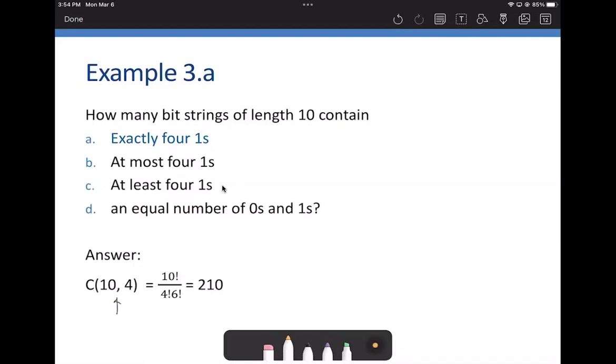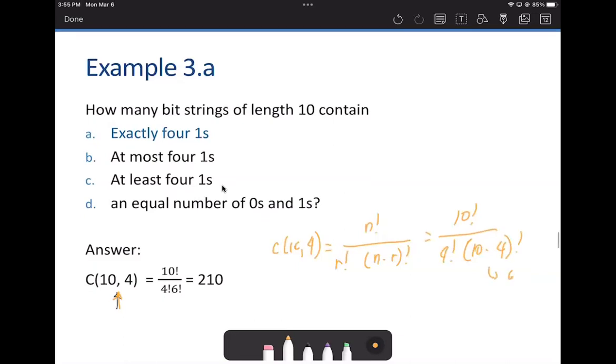So, the combination of 10 taken 4, which is basically equivalent to 10 factorial over 4 factorial times 6 factorial, when substituted to the formula of combination, which is n factorial over r factorial times n minus r factorial, where this is 4 factorial, and this is 10 minus 4, which is equal to 6. Okay, so you can solve that on your own.